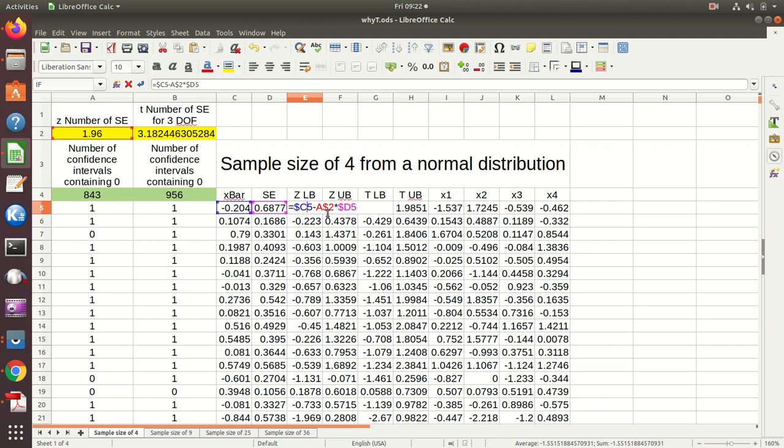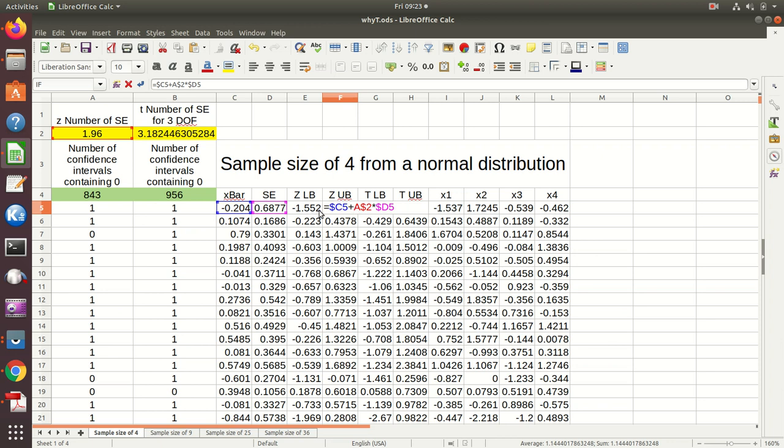So there's our number of standard deviations or standard errors. So here's x bar C5, and then minus our 1.96 times the standard error here of 0.687, and then for the upper bound I just did a plus.